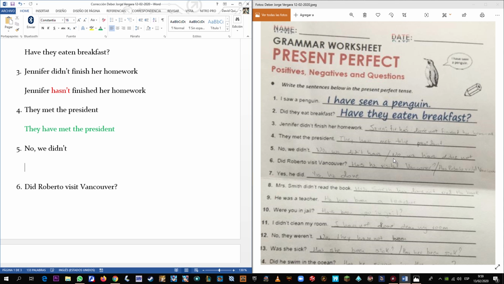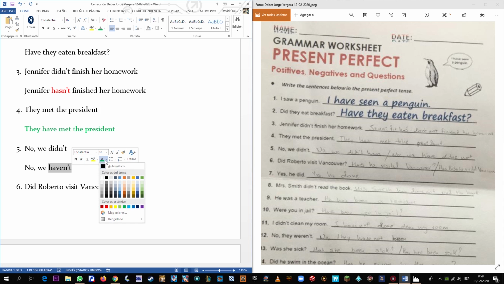We should change didn't to haven't. And in the second one, no we have done not, as I told you, this word done is not necessary. So let's change it. No, we haven't.